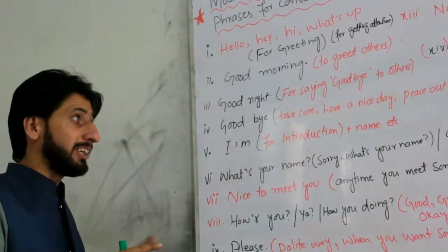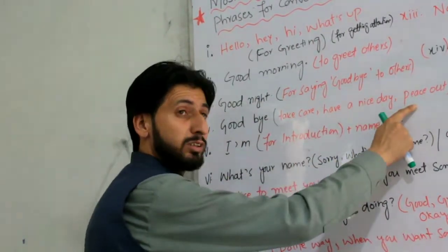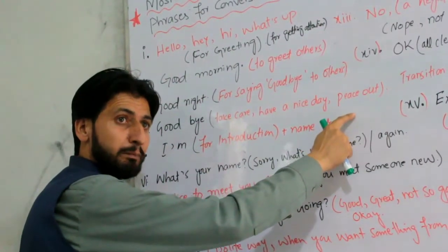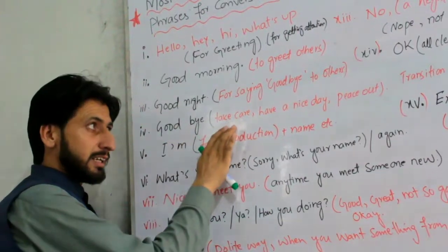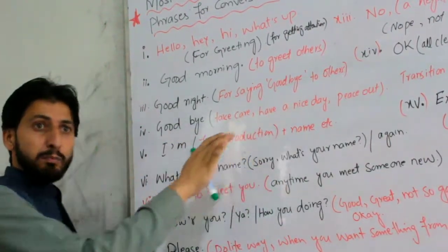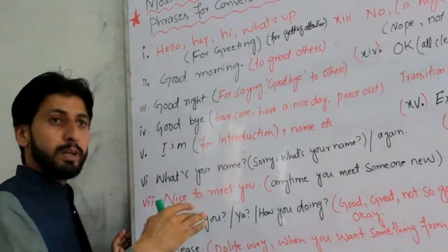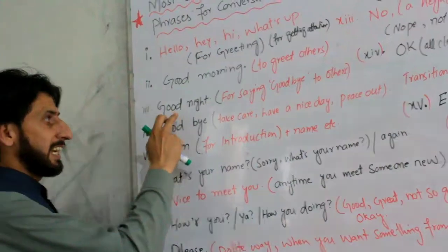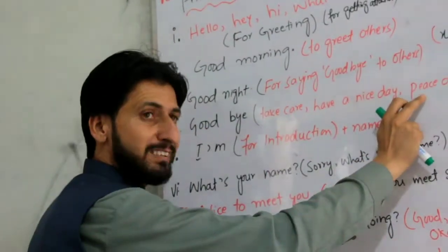In other words, instead of goodbye, we can say peace out. This is a more formal expression. And in an informal way, we can say goodbye, take care, have a nice day. But for a person whose nature we do not know, instead of goodbye, we can say peace out.